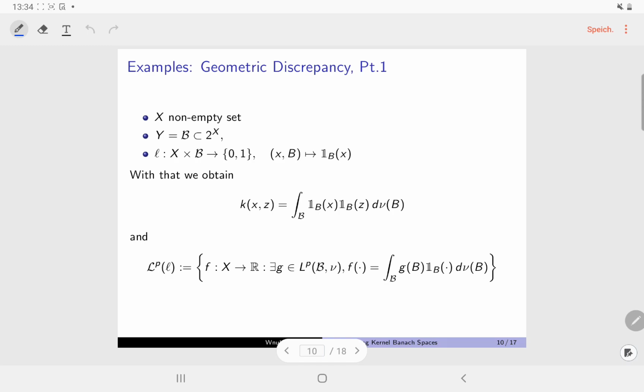So for example, Y may be the set of all circles or all subcubes, anchored subcubes, whatever. And for some historical reasons, we will denote this Y by B.